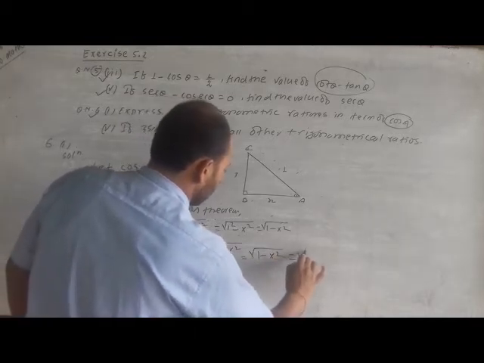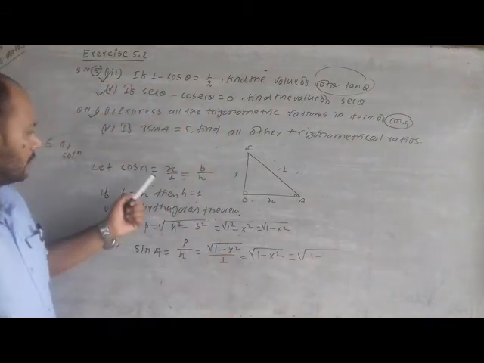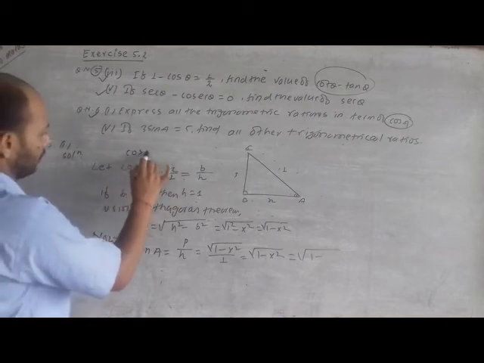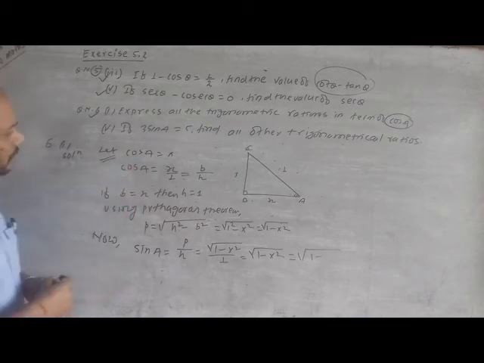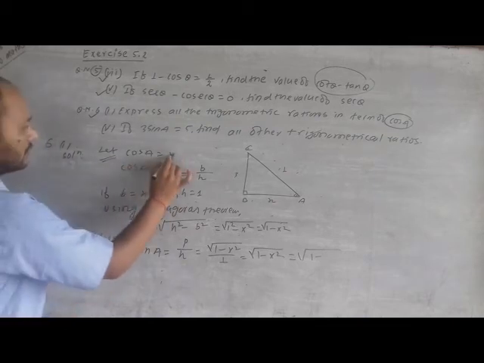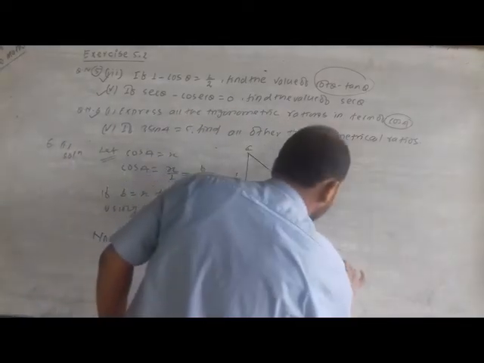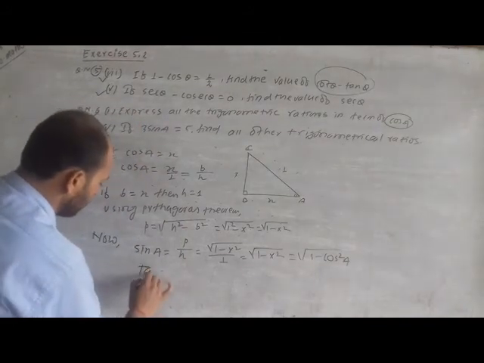Now you put the value of x. What is the value of x? Cos A is equal to x. So we have the value of x is equal to cos A. You write here root of 1 minus cos square A. This first.